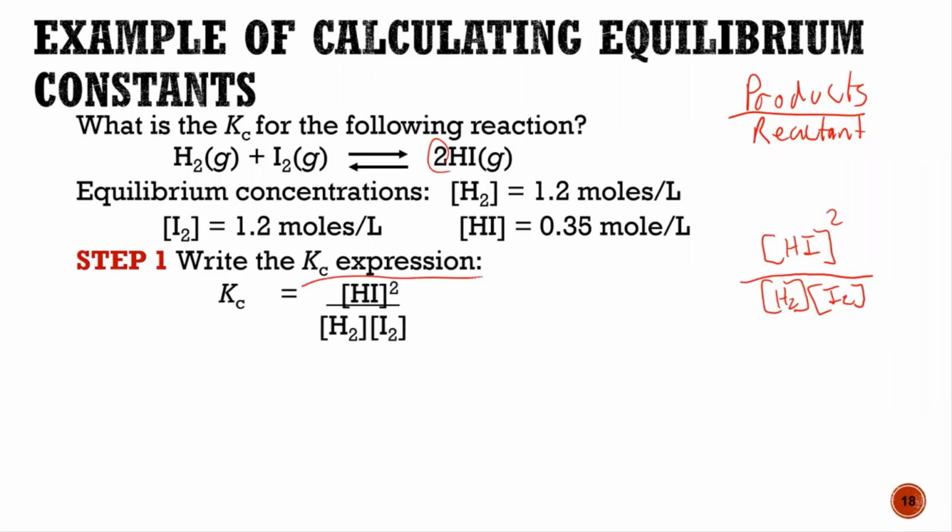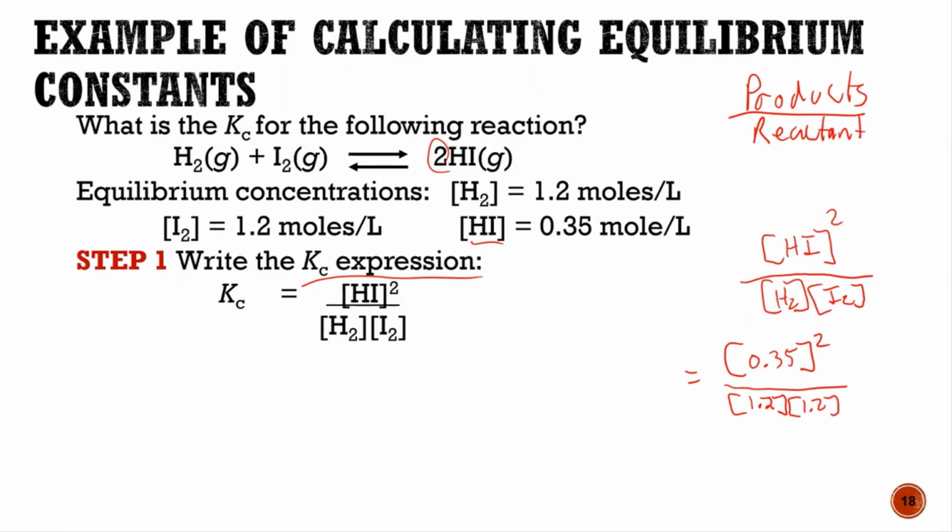Once I write out my expression, what do you think is the next thing you can do to solve for the value of K? Just plug in the values. Exactly. Plug and chug. That's what I call it. So how would we do that? Well, my concentration for hydrogen iodide is 0.35, and I'm going to square it, divided by the concentration of my hydrogen, 1.2, and the concentration of the iodine, 1.2, which makes sense because it's a 1-to-1 mole ratio.